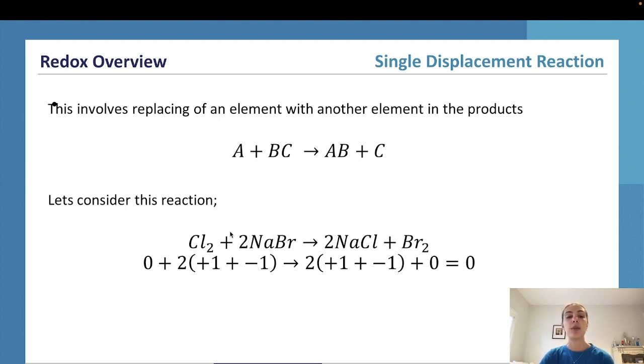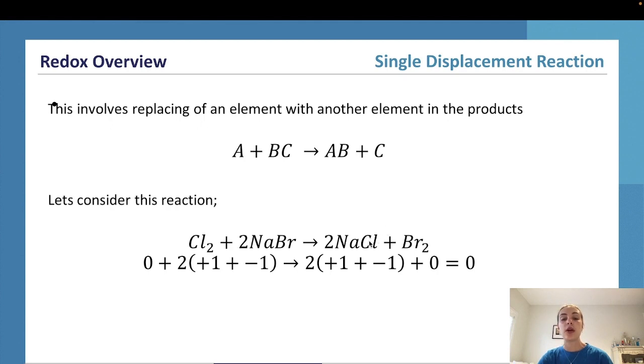We can then see, so chlorine's going to go from 0, sodium is going to go from +1, and bromine is going to go from -1. We can then see in our products that we've got sodium chloride. So following our rules again, we go to rule number 3, which tells us that sodium is going to have its charge of +1 because it's in group 1 of the periodic table and it's a group 1 metal.